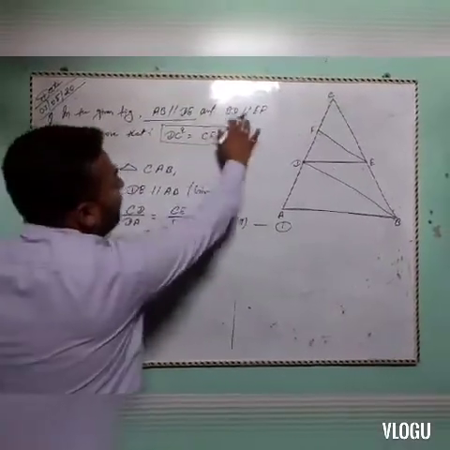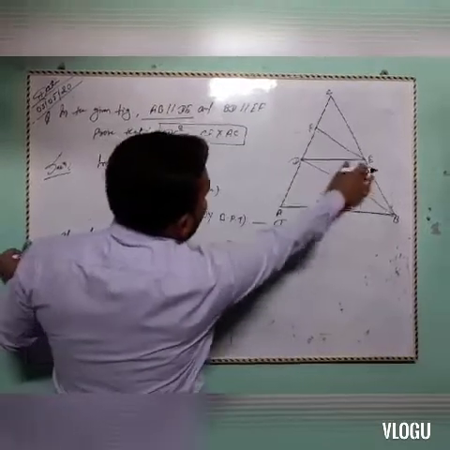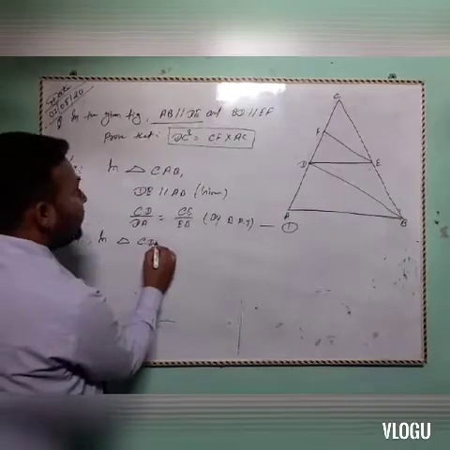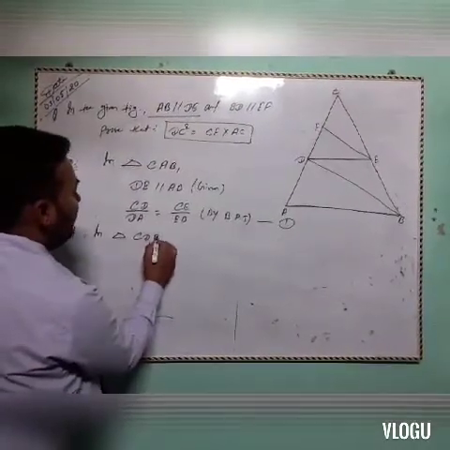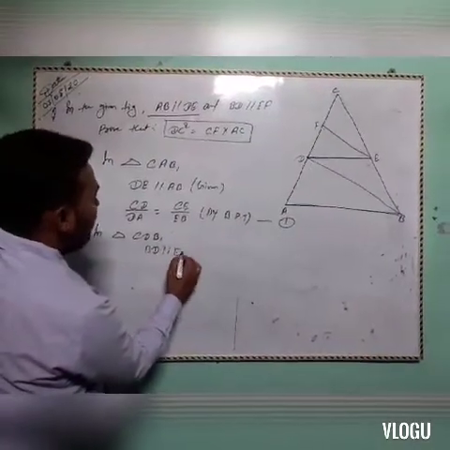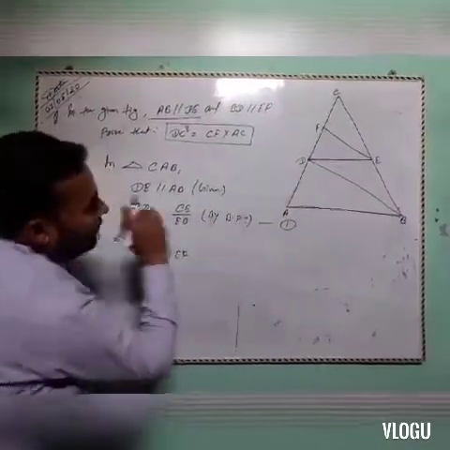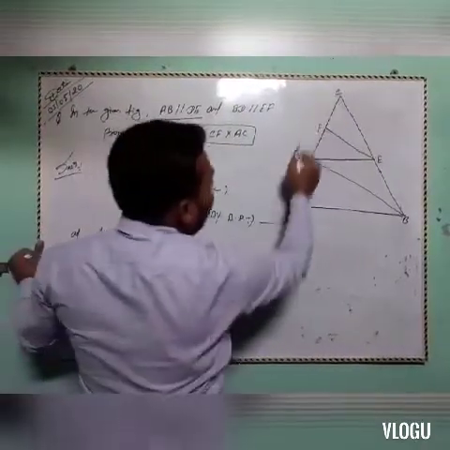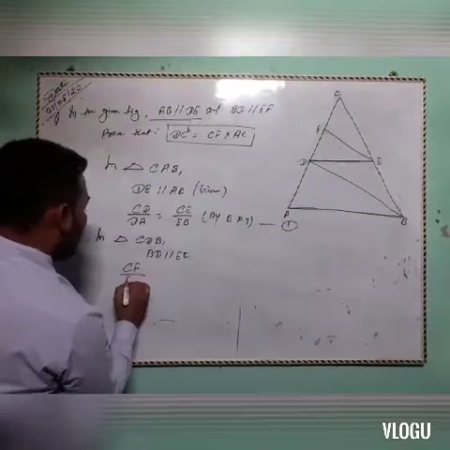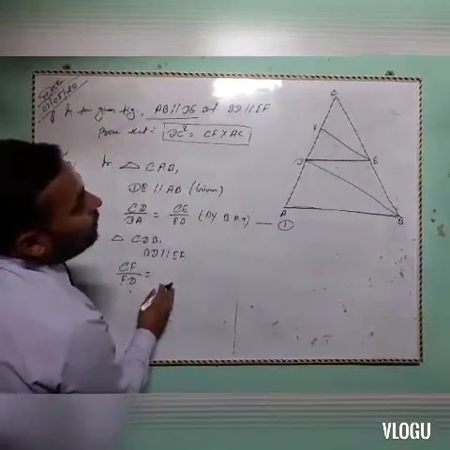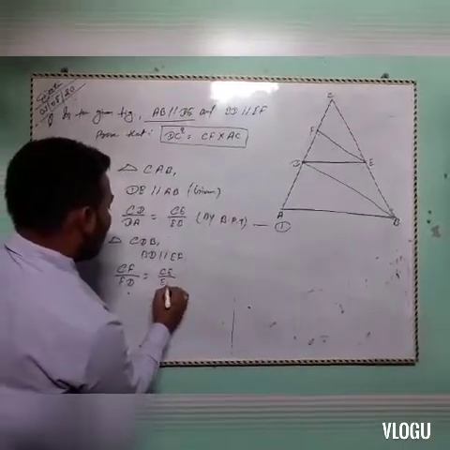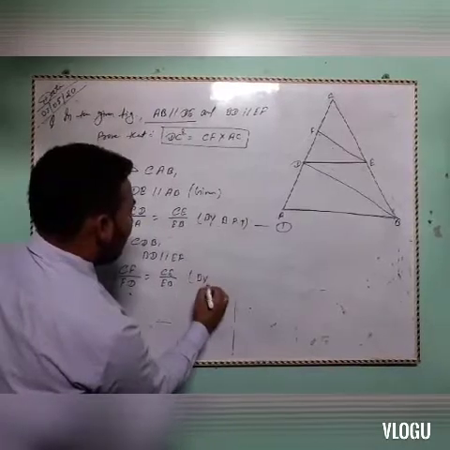And in triangle CDB, BD is parallel to EF, then we say that CF by FD equals CE by EB by BPT.